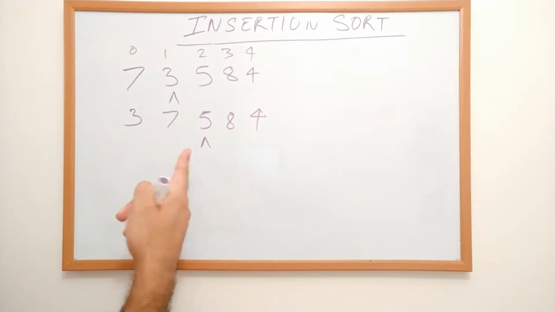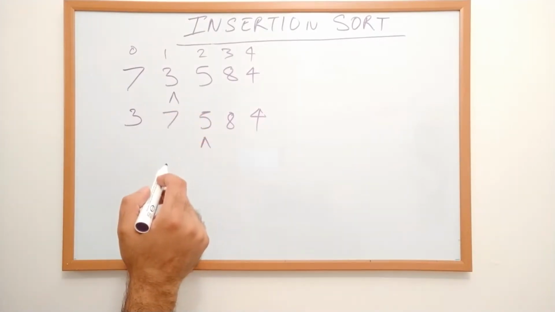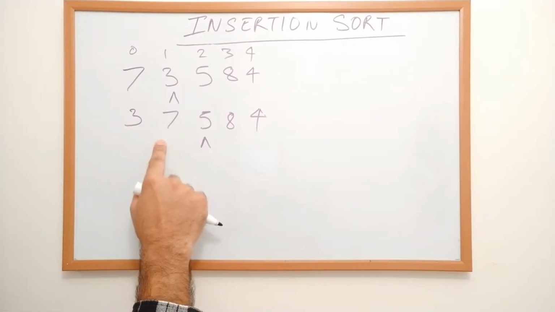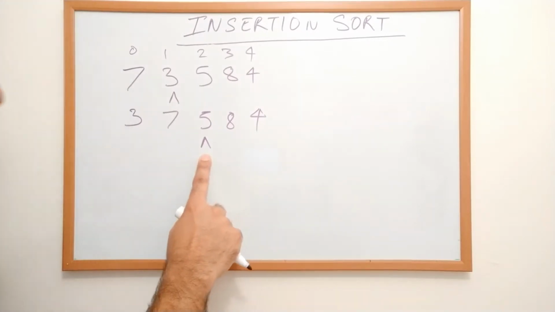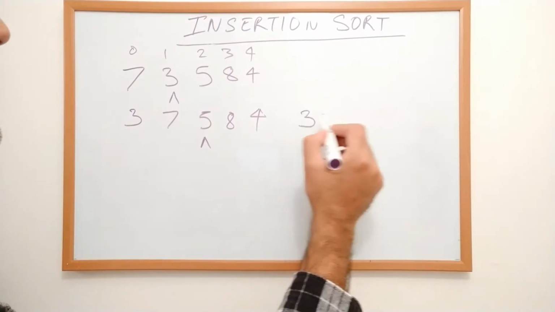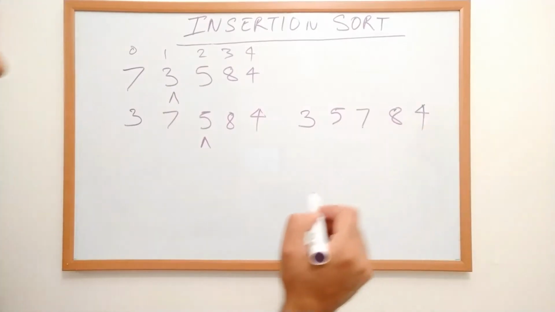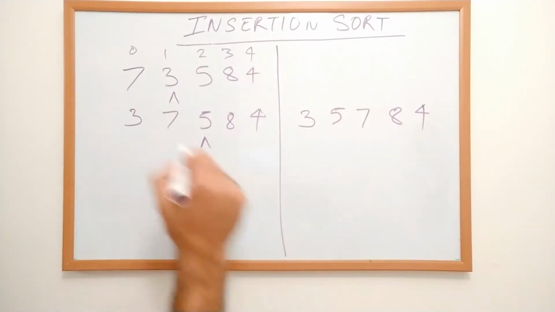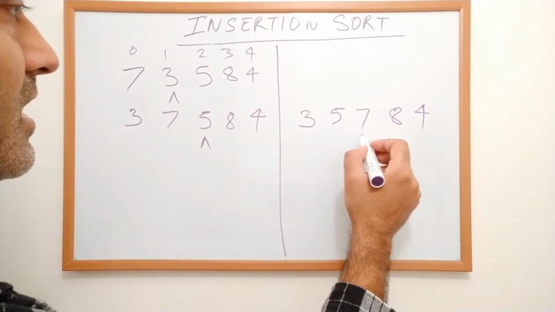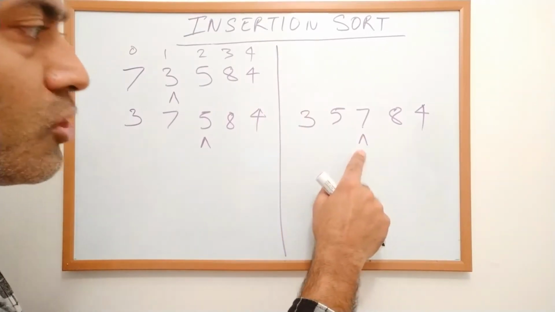Now in this case, we have to compare 5 with 7, and then compare again with 3. When we compare 5 with 7, the marker will stay here because we have to do 2 comparisons. So the new list will become 3, 5, 7, 8, 4, and the marker is still at the 3rd position in the list.